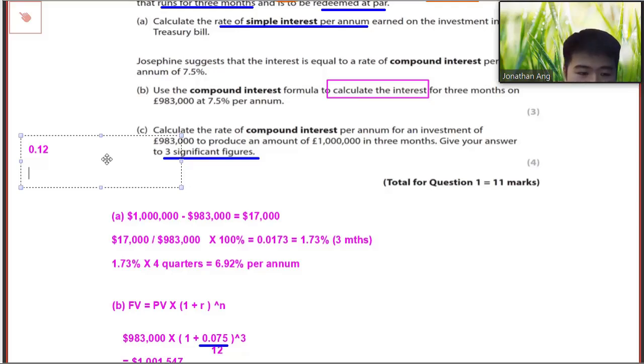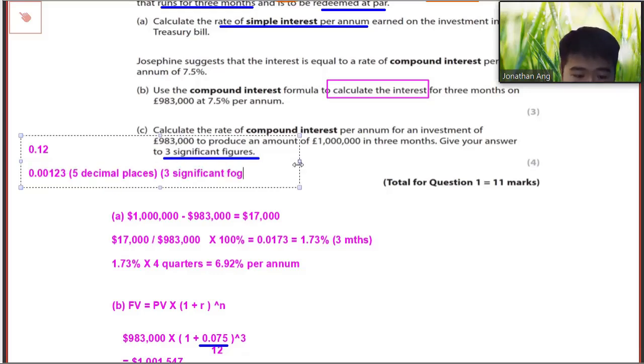So if, for example, your calculation is 0.00123, this is 5 decimal places, but this is 3 significant figures. This is 5 decimal places because the moment you cross the 0, what you calculate, this is 5 decimal places. Significant figure is calculated when you have a number that is not 0.